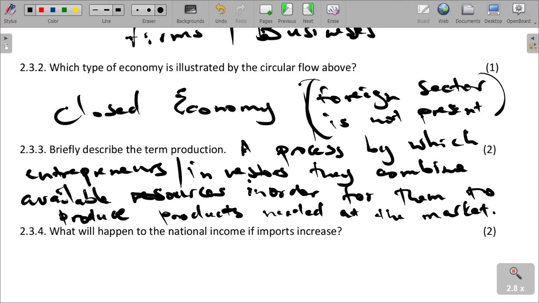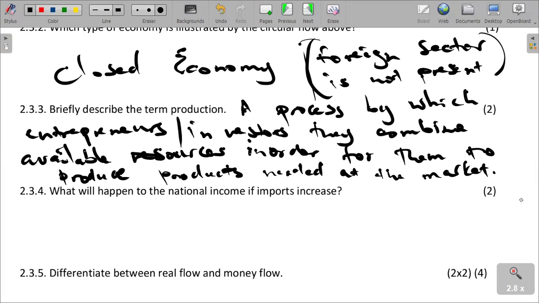These products needed at the market satisfy human needs or wants. So production has to do with manufacturing of goods and services through available resources, which is done by either entrepreneurs or investors. Goods and services are produced in order to meet and satisfy human needs and wants. We call that production.